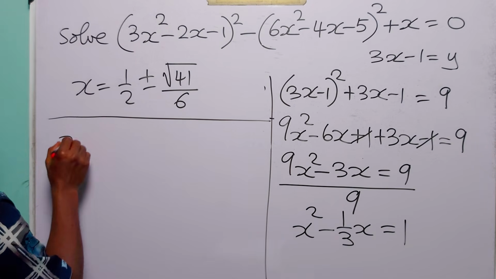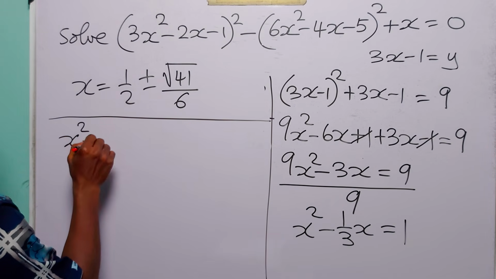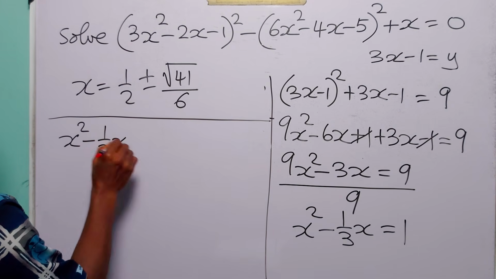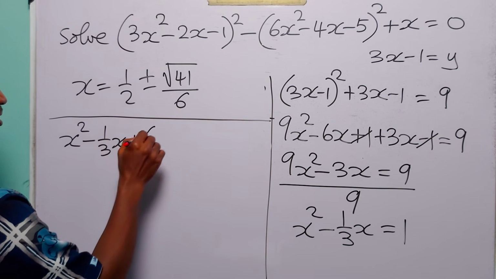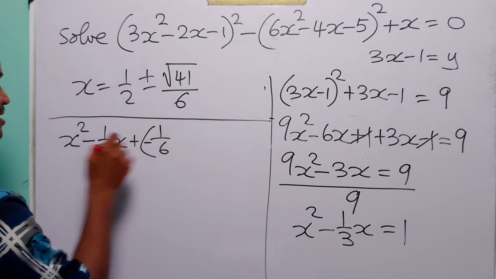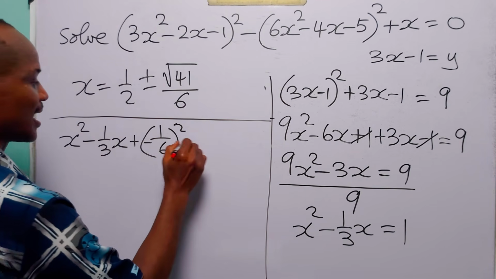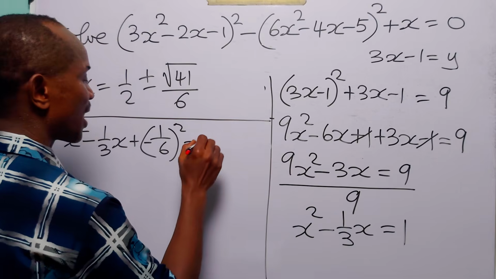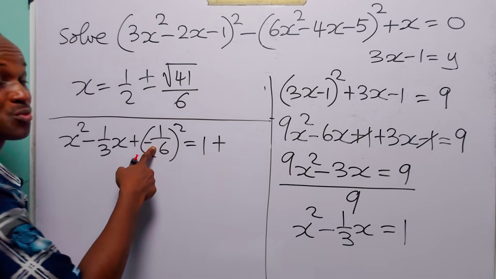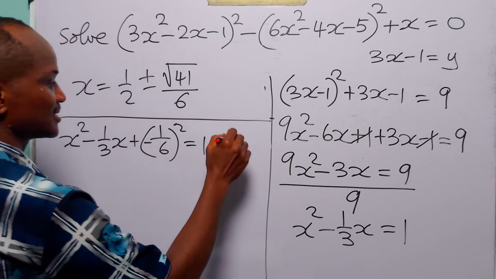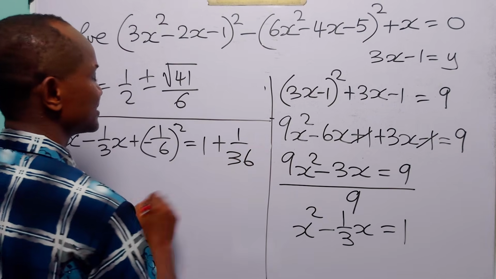When we do that, we have x squared minus 1 over 3x plus 1 over 6. Of course, there's going to be minus 1 over 6 squared. And this is equal to 1 plus minus 1 over 6 squared is 1 over 36.